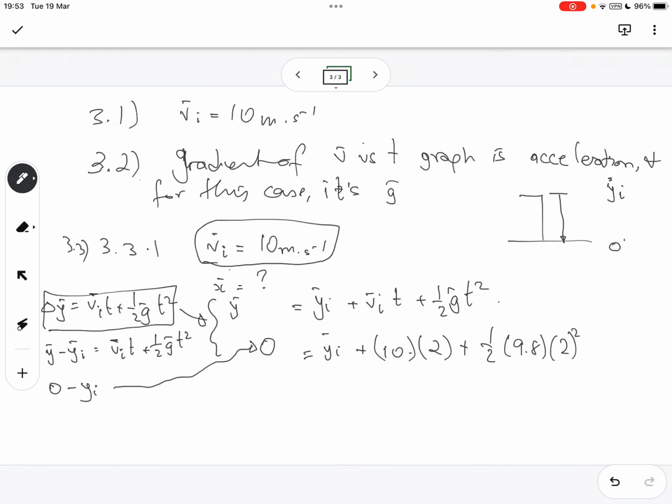Oh, no. It's still a part of it. It's just that because we've manipulated it, it's on the other side. It's still part of the same equation.